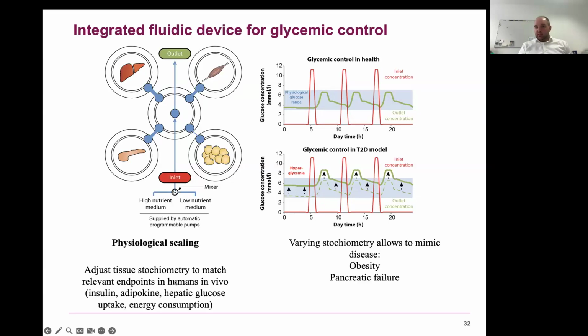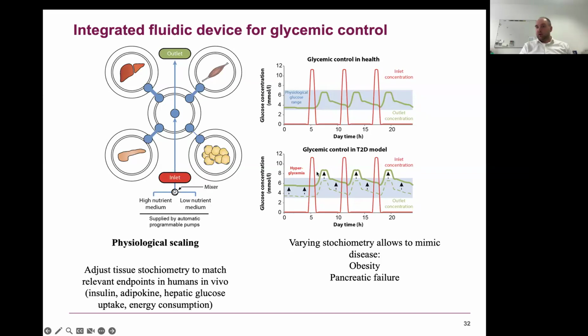And by then starting from this healthy stoichiometry, we can also vary the stoichiometry, adding, for instance, more adipocytes to mimic aspects of obesity. We can also directly take patient-derived material, for instance, from diabetics that are already insulin resistant, in order to evaluate the effects of these different pathophysiological features on the overall maintenance of glycemic control.